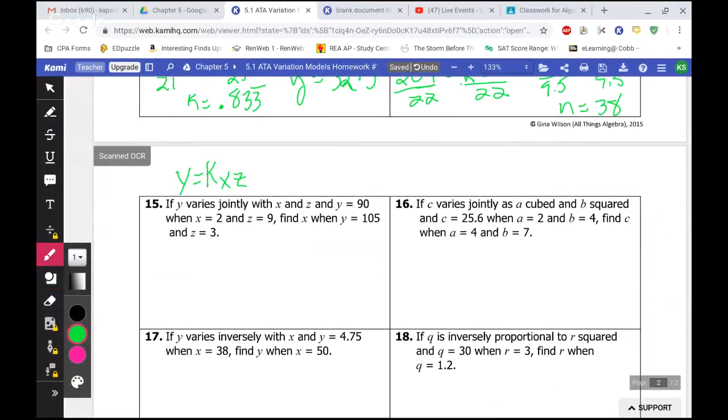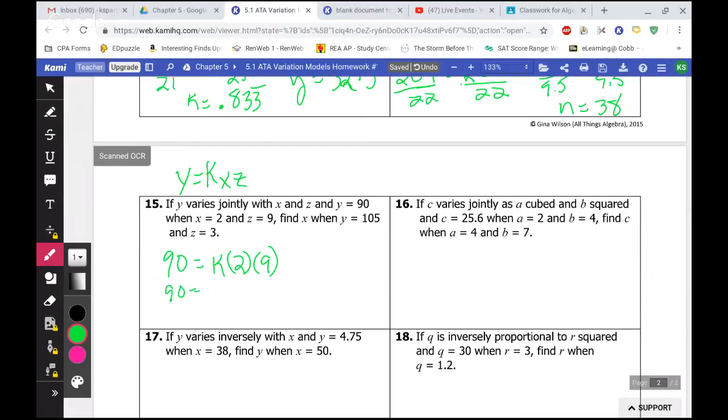Okay, so it says it varies jointly. y equals 90. And then we'll have our k. And then x is 2. I usually just put everything in parentheses. You don't have to, but it just keeps each of your terms a little cleaner.